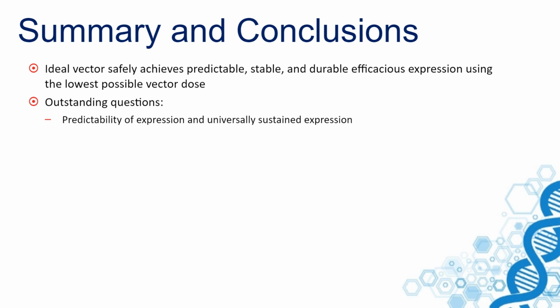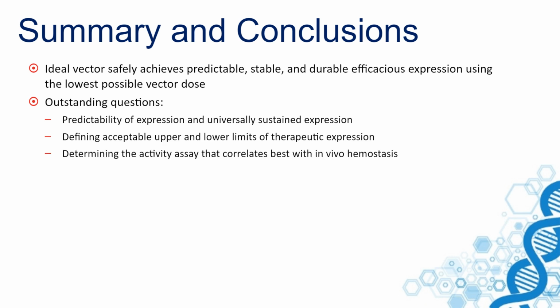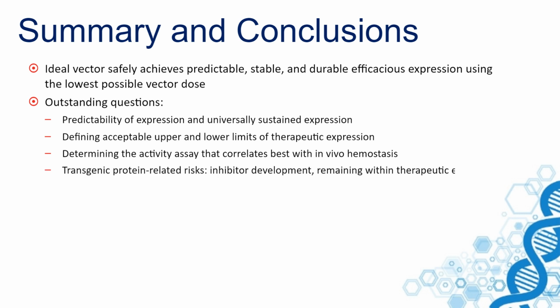What is the time course of durability of expression? Defining acceptable upper and lower limits of therapeutic expression, determining that activity assay that best correlates with in vivo hemostasis, and then outlining potential risks related to the transgene-derived protein, which include inhibitor development, which thus far seems to be markedly low. And then again, having expression remain within a therapeutic window.